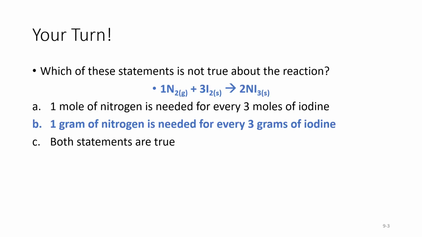Just like a dozen means 12, a mole means 6.022 times 10 to the 23rd. But each mole of every single substance has a different mass, and that's because each element on the periodic table has a different mass. So we can't say grams to grams just by looking at the equation, but we can say moles to moles.